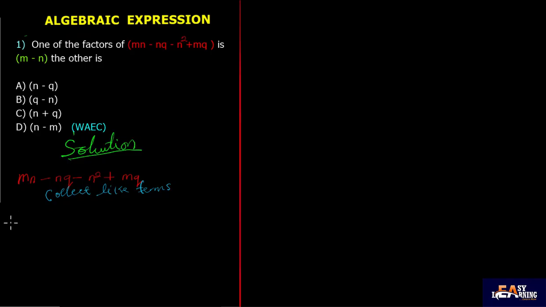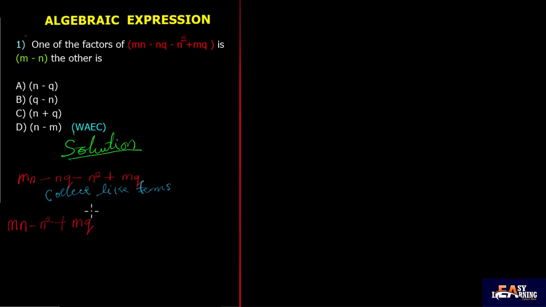If we're collecting like terms, let's start with mn. When we have mn, the next one will be minus n raised to the power of 2. After n raised to the power of 2, the next one will be plus mq.